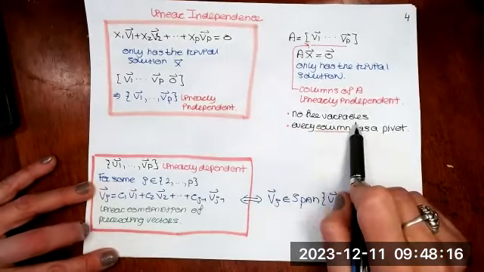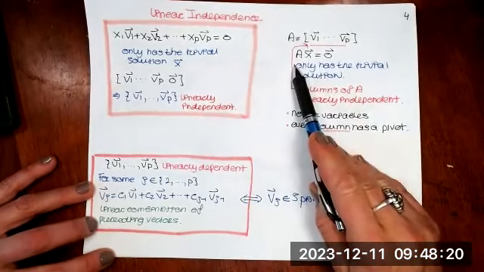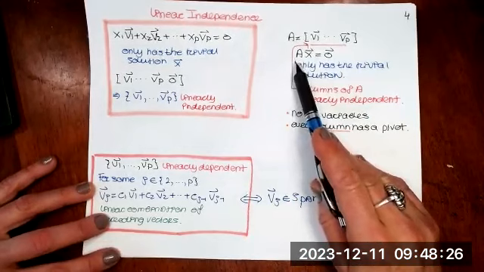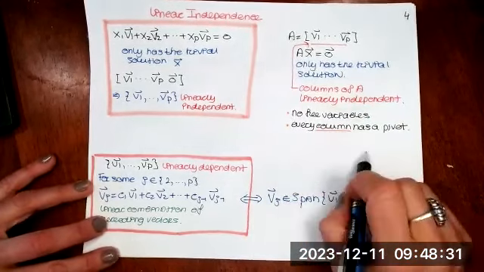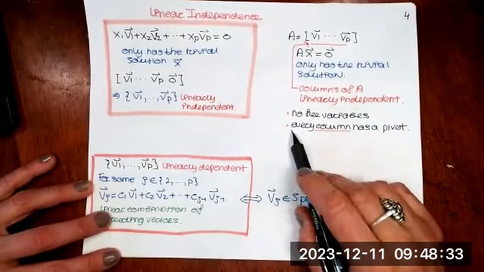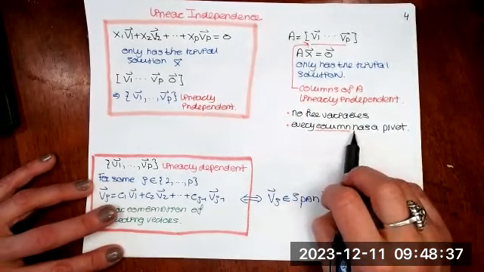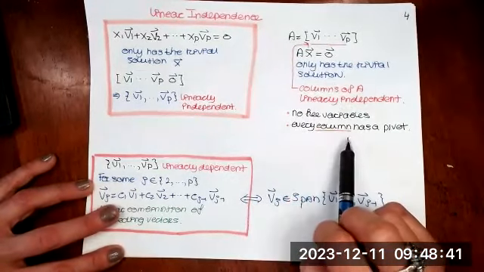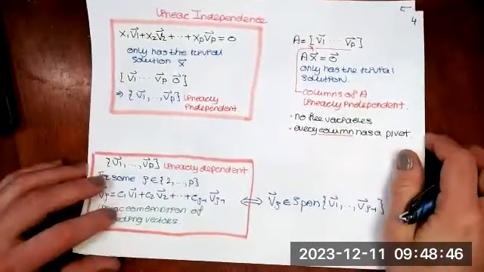Because if I do have free variables, that means my homogeneous problem has a non-trivial solution, but for linear independence I need to have only the trivial solution. And for the pivots, I need to have a pivot in every column for linear independence, and in every row for being onto.